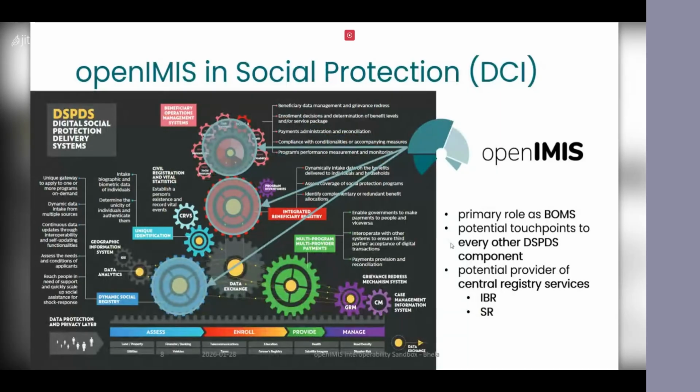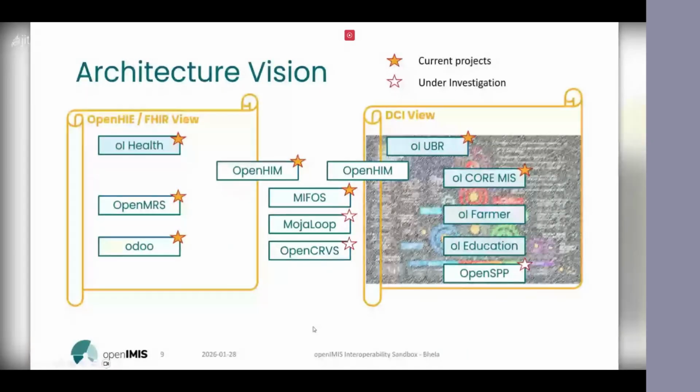It can get quite complex, and what we are showcasing today is a project on interoperability, the interoperability sandbox, where we have a few chosen products from the health and social protection scenarios. Today we are just looking at the health one, like openMRS and Odoo as a record system and financial management system, sending claims to openIMIS as a health insurance system.